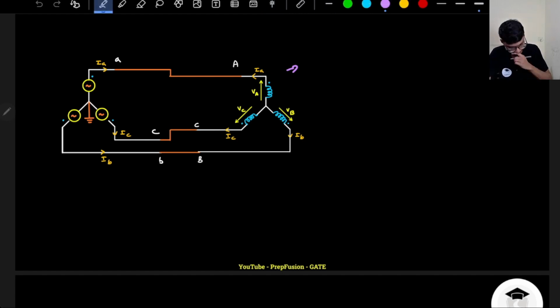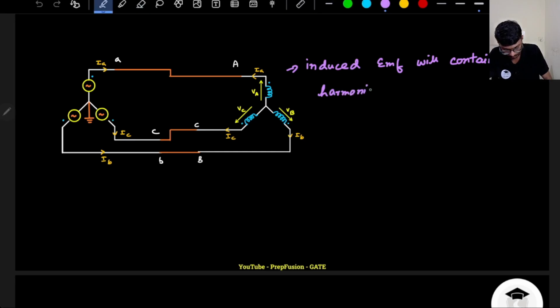Then the induced EMF in this case will contain harmonics in both primary and secondary.